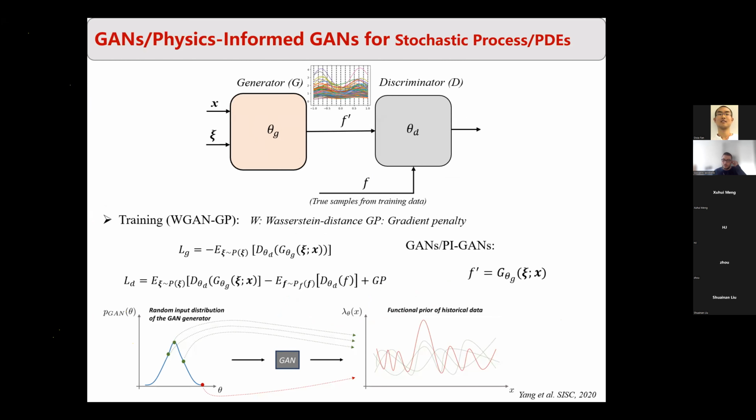Since we have a stochastic process after the training of GANs, we can use it as a prior in functional space. So basically, what we would like to do is to use the generator of GANs to map a sample of a simple distribution in the input space to a sample of a stochastic process.